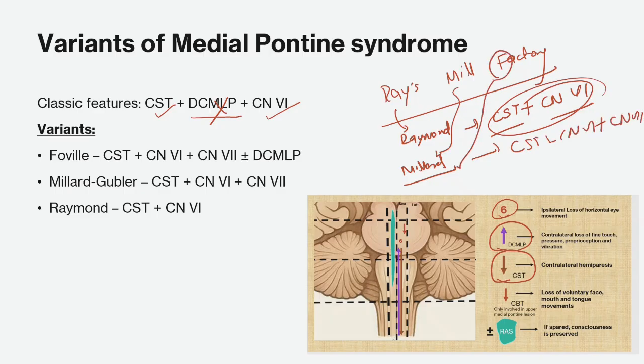And in FACTORY, F stands for Foville syndrome: the corticospinal tract plus cranial nerve 6 plus cranial nerve 7 plus or minus the dorsal column medial lemniscal pathway. So these are the different variants which might be asked in the exams, but this is not super high yield.